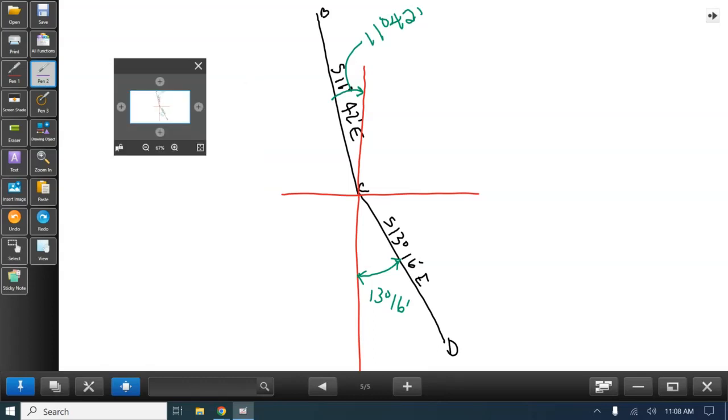Okay, so north, south, east, west. C to B is in quadrant 4, so the bearing is the angle it makes from the north. And now I want this angle.